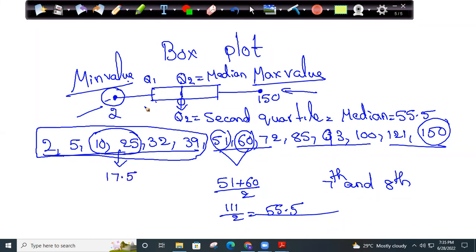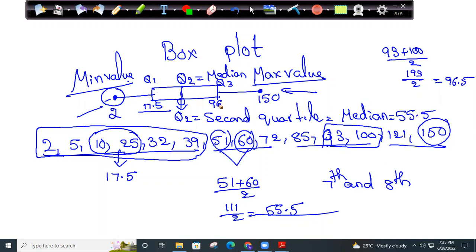So this value always represents the first quartile, 17.5. Then what does this represent? Q3, or the third quartile. The third quartile is 93 plus 100 by 2, or 193 by 2, which is 96.5.